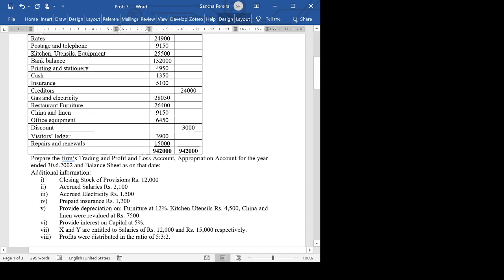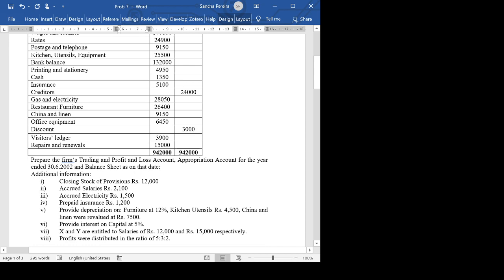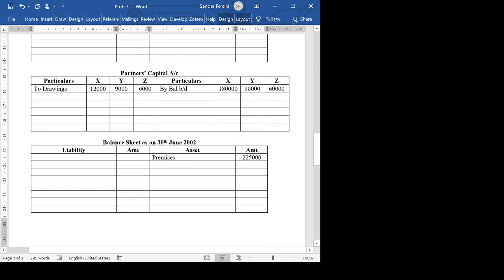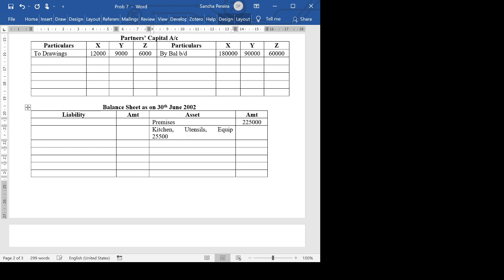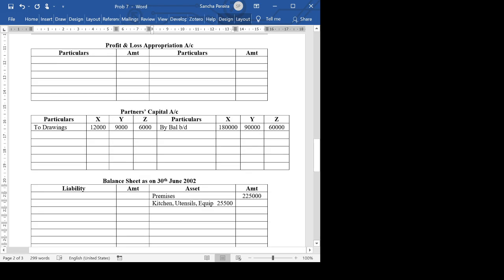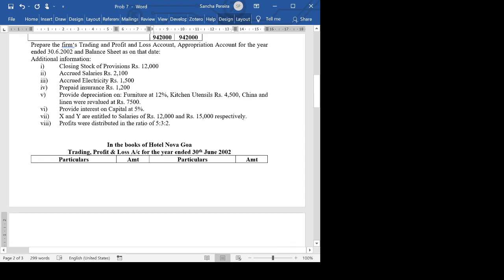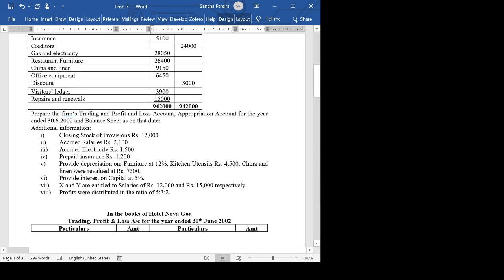Then there is kitchen utensils and equipment, 25,500. Just make it a short form. There's depreciation on these kitchen utensils, so in the inner column.